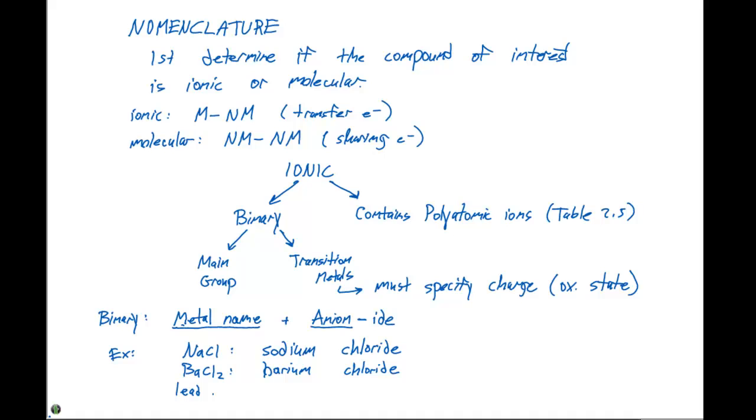So if we have lead hydroxide, if we look in the periodic table, lead is going to have a +2 charge. So lead hydroxide is going to have a Pb, which is 2+. Hydroxide, from that table in the back of your textbook, lists a -1 charge.